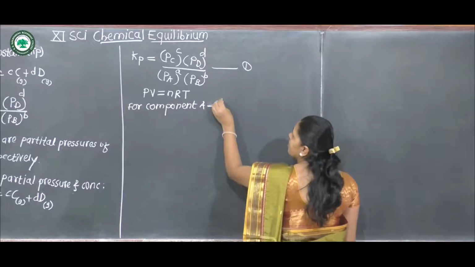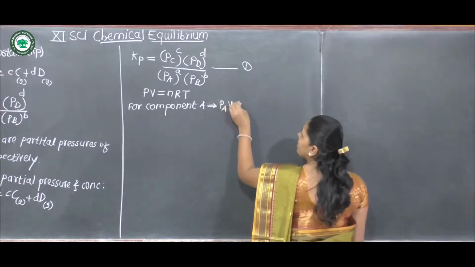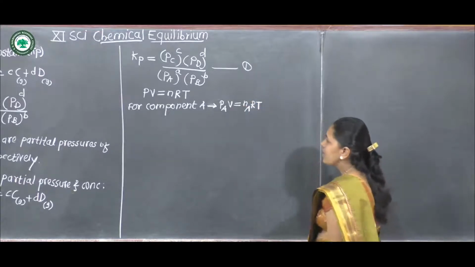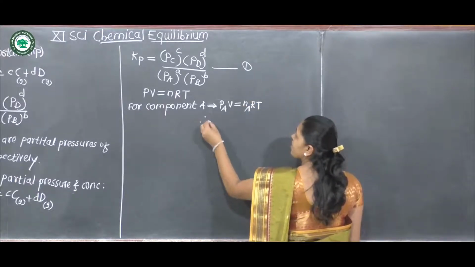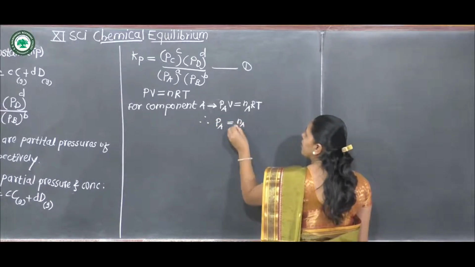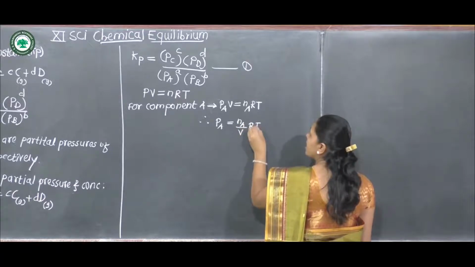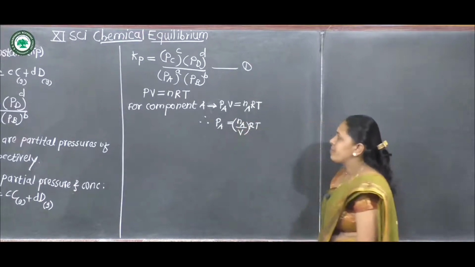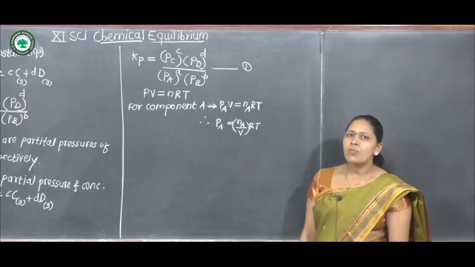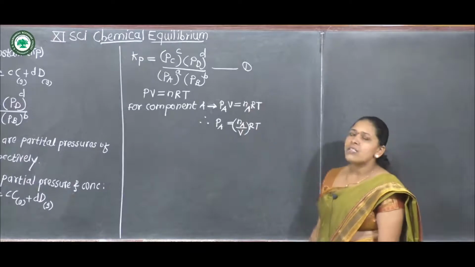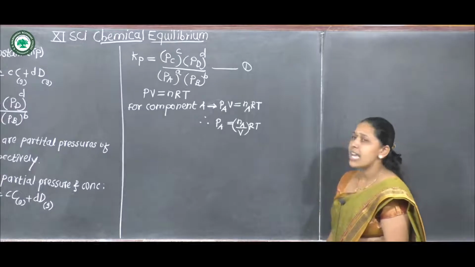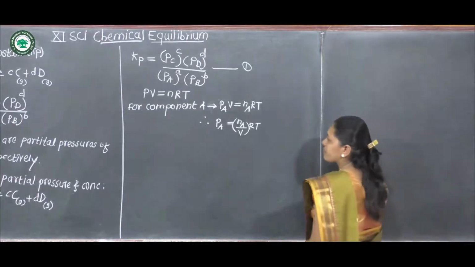ideal gas equation becomes PA V is equal to nA RT. From this equation, PA is equal to nA upon V into RT. Here, PA is the partial pressure of component A, V is the volume, nA is the number of moles of A, R and T are constants, that is gas constant and temperature.